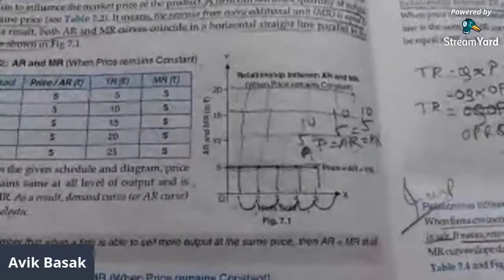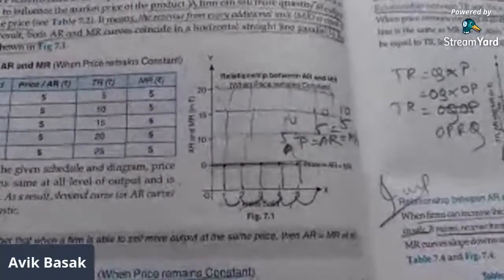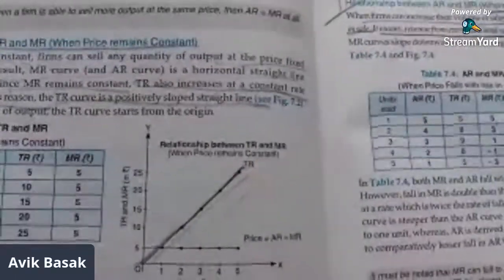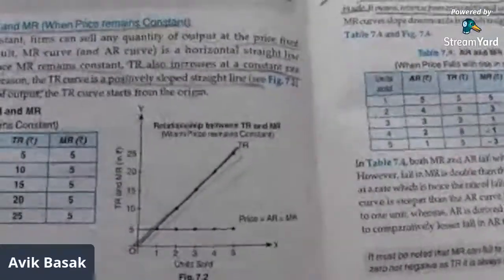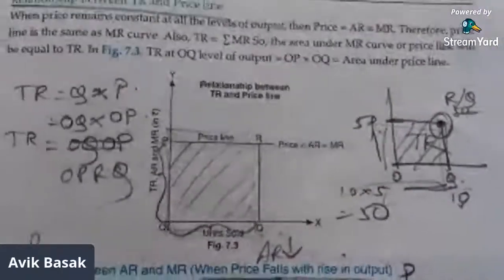The price of the good is not changing, it is the same. I am not getting any additional extra amount because price is the same. But total revenue, when I am selling some additional output, is increasing. So for that reason, total revenue is a rising upward curve. Understood?